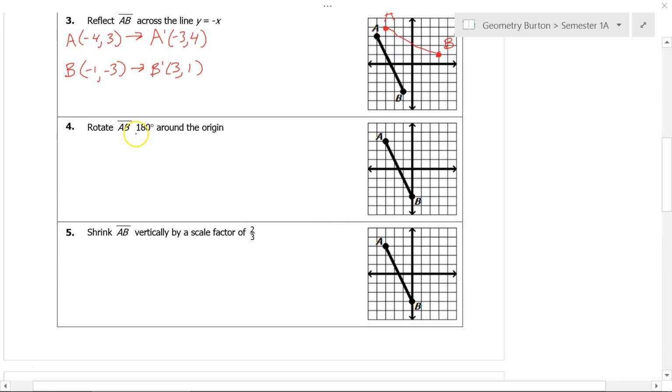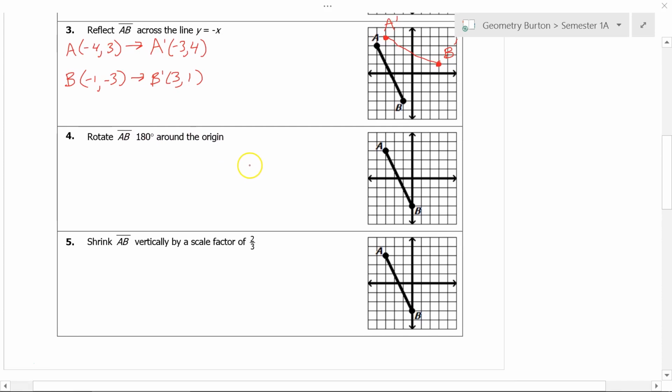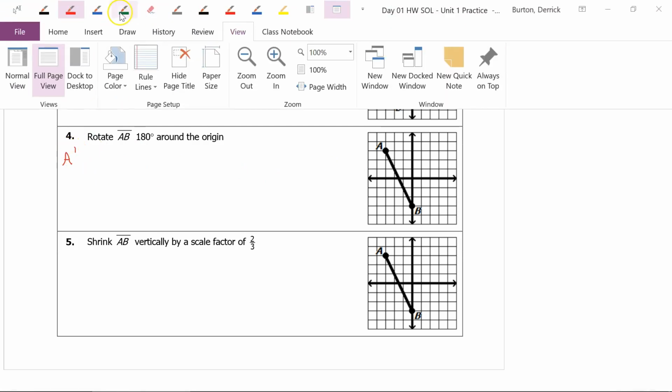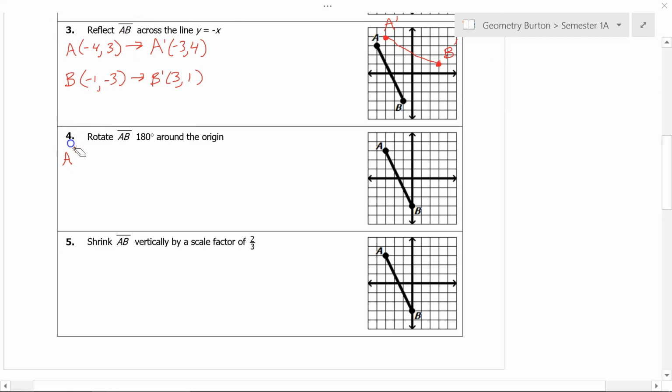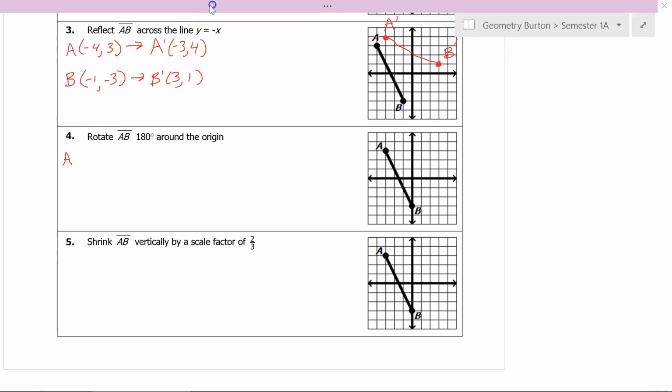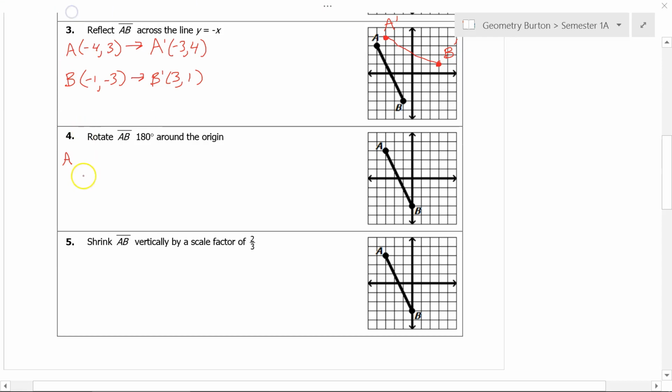Now, rotate 180 degrees around the origin. Again, I'm just going to use the rules. So we have a new A and B. Whoops, I didn't mean to write A prime. Point A is negative 3 comma 3.